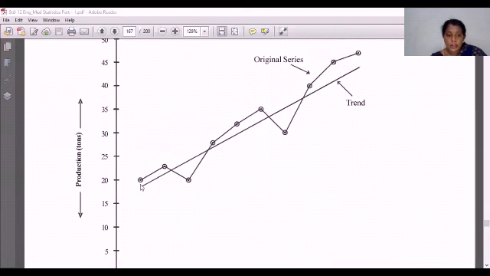See, here it is covering all the points. It can also be in a U shape, I will show you. It can be in a U shape also.